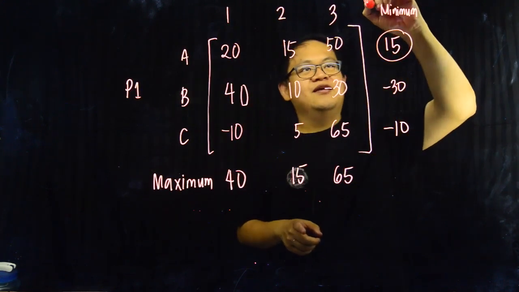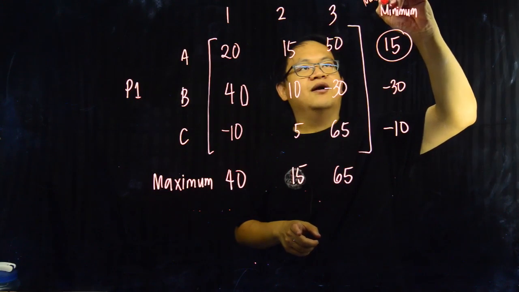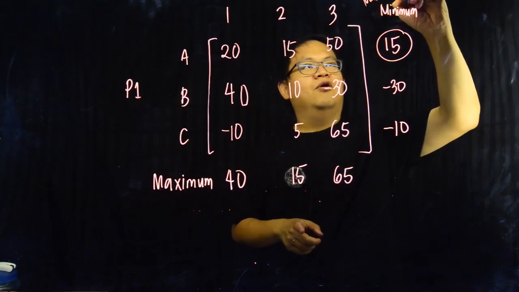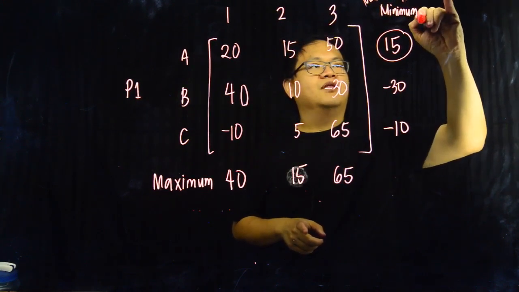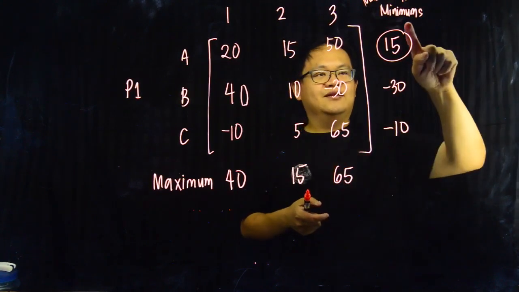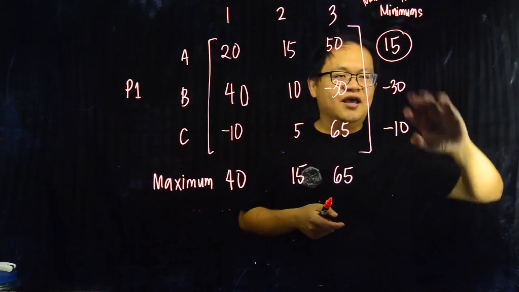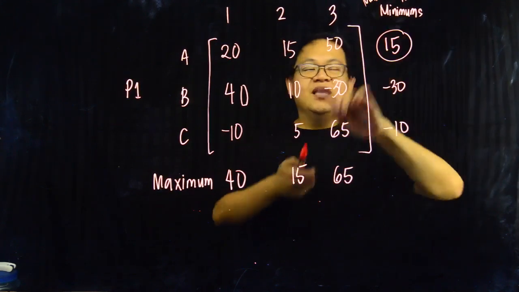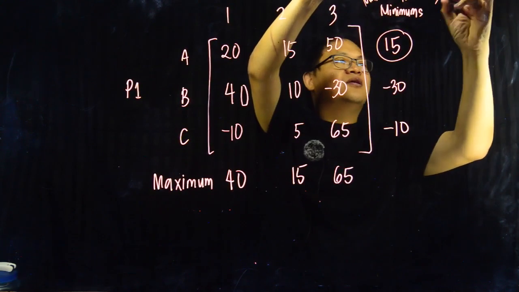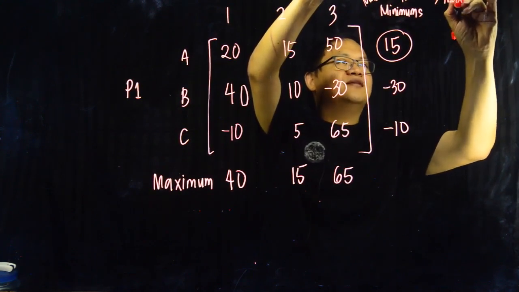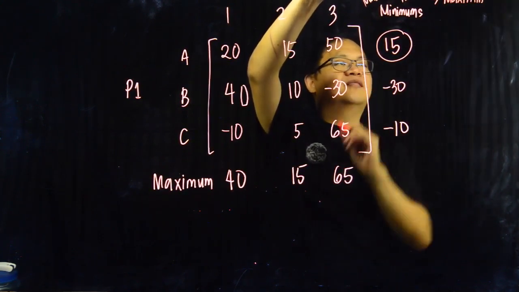We're getting the maximum of the minimums. You're getting 15, which is the biggest out of the 3. And what are the 3? The minimums. And this is where you have your maximin.